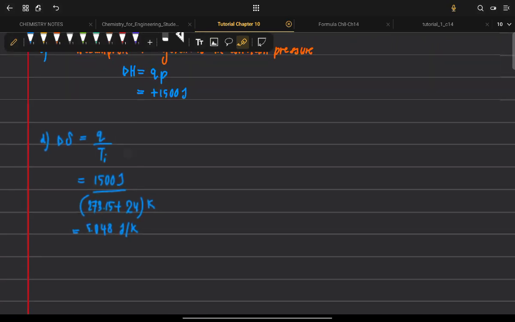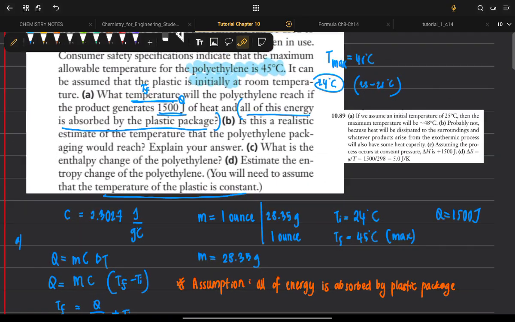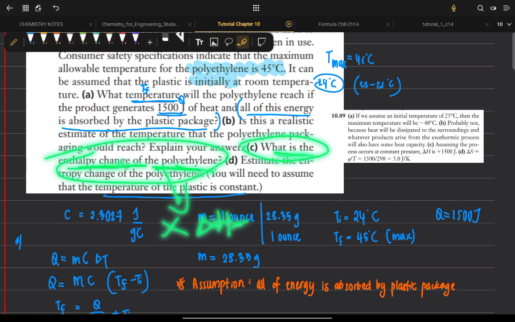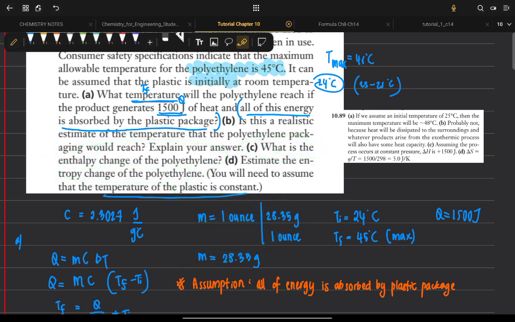So for C, they ask what is the enthalpy change of polyethylene. Here we need to assume something. They didn't give the pressure or the volume, so we need to assume some parts are constant.